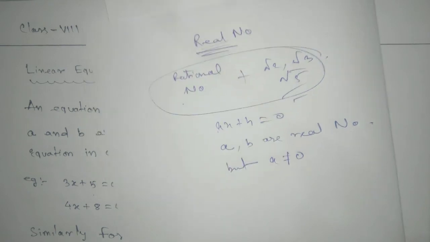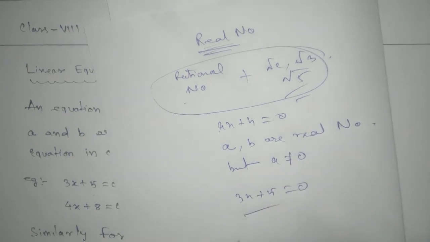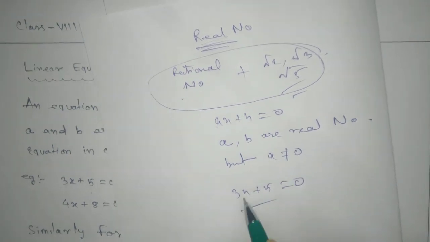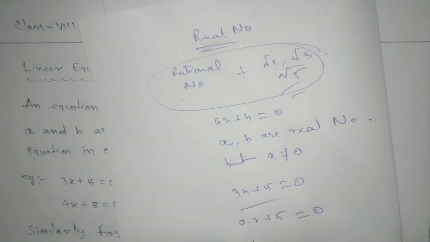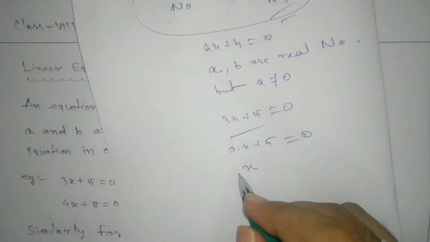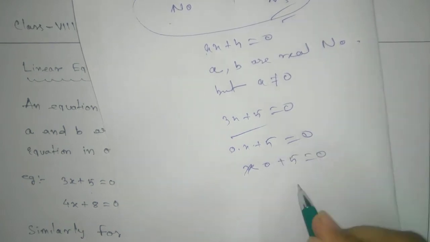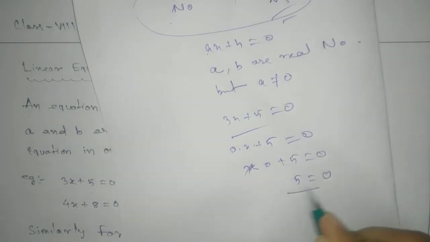Now the question will arise, sir, what will happen if I take a equals 0? For example, 3x plus 5 equals 0 is a linear equation in one variable. Now instead of 3, if I take 0 into x plus 5 equals 0, let's see, 0 into x is 0. Then 5 equals 0. Is it possible?